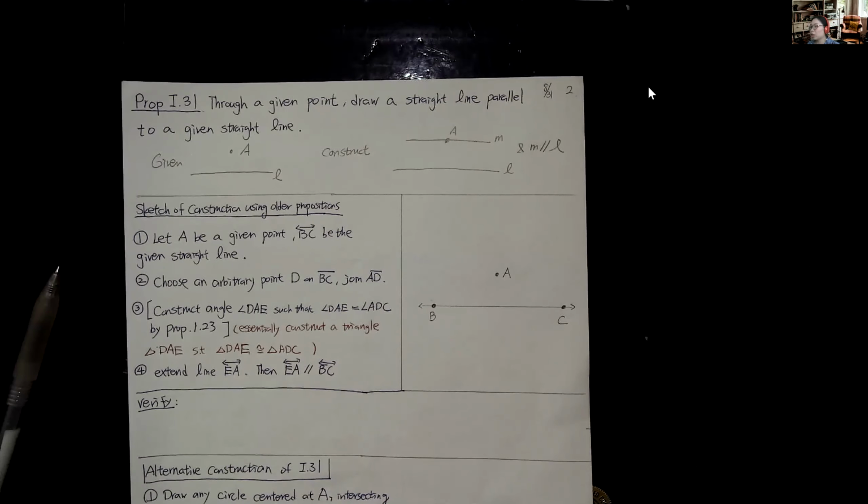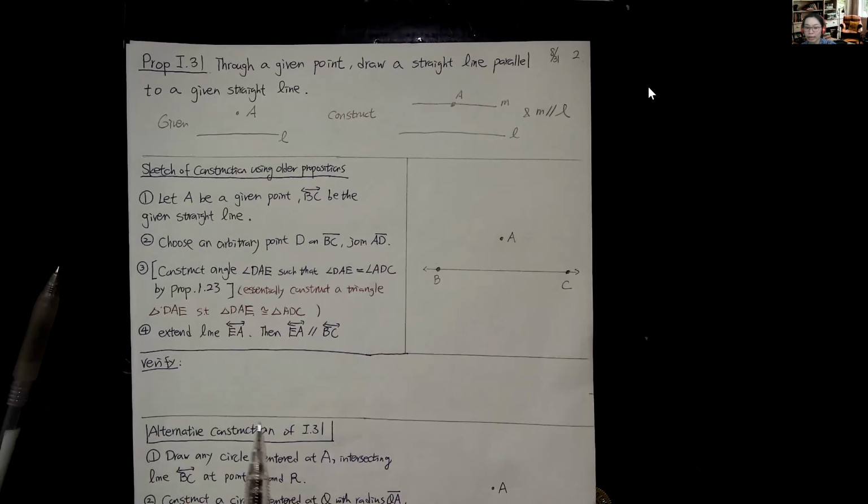Because it involves the previous construction, I'm not going to have enough time to redo all the previous construction carefully. So the picture here is really just a sketch and maybe a little bit of cheating. But at least we can go over the construction steps and see how Euclid proved and verified this construction. And since we probably still have a little bit of time, I'm going to provide an alternative construction.